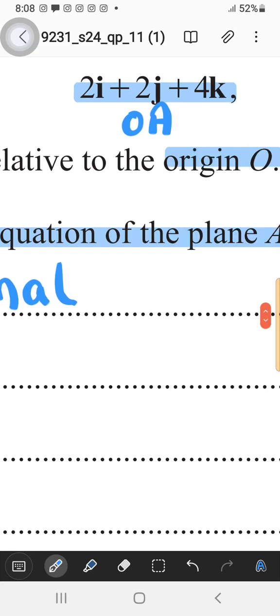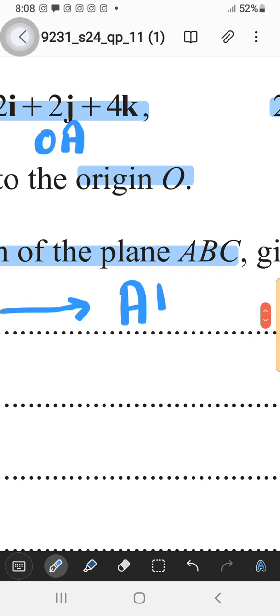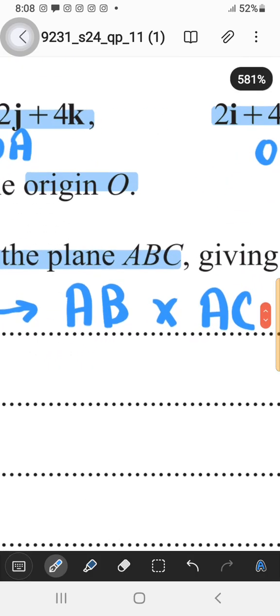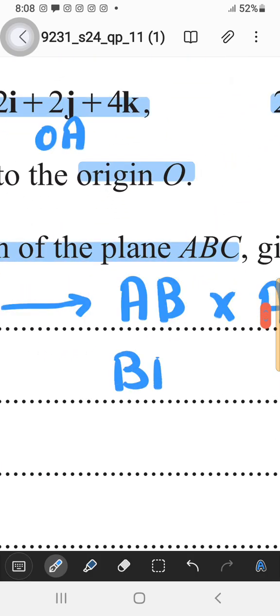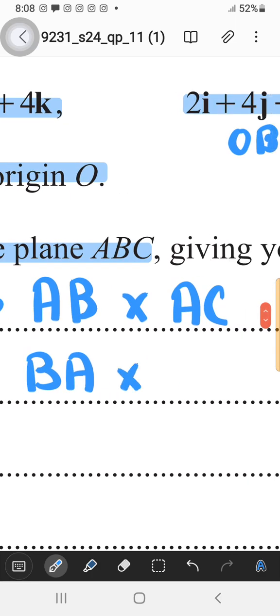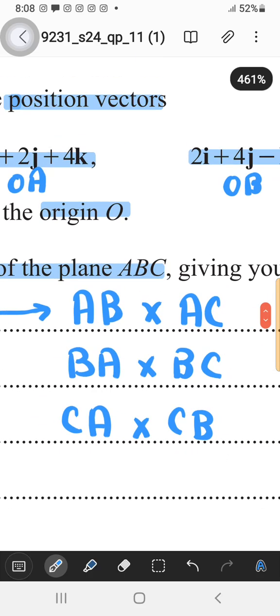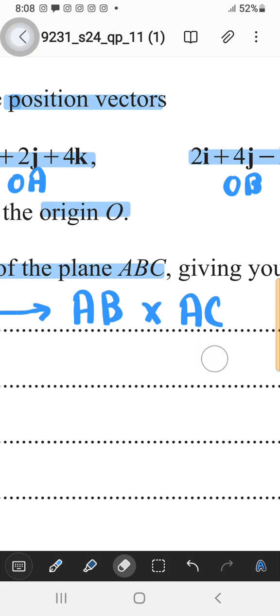We can find out the normal by AB cross AC. Okay, we can also find out the normal by BA cross BC. We can also find out using CA cross CB. Okay, but we are going to use AB cross AC in our solution.